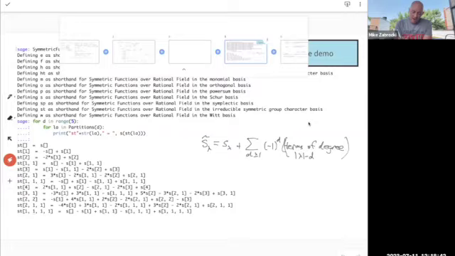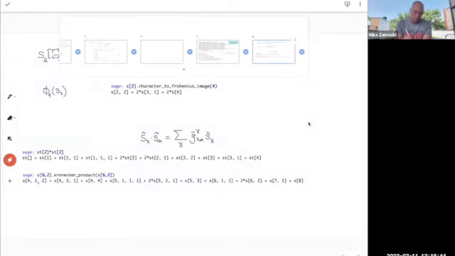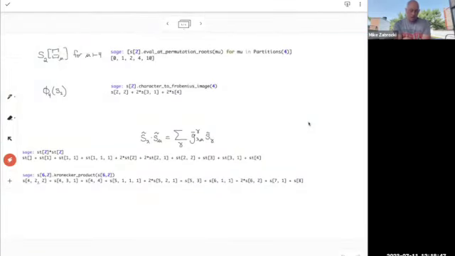I have this on a last slide as well. If you want to play along at home, you can do this in Sage. The operation of evaluating a symmetric function at these psi mu's is the function eval at permutation roots of mu, and the Frobenius image is the function character to Frobenius image, which allows you to compute the restriction coefficients, the restriction problem.